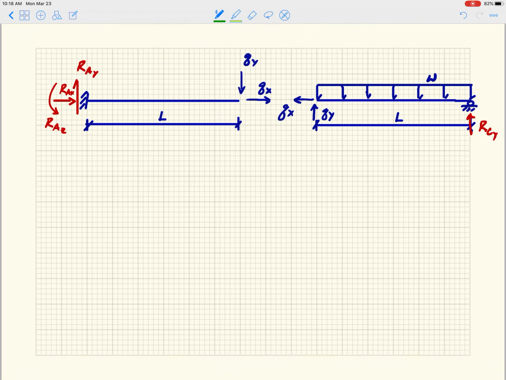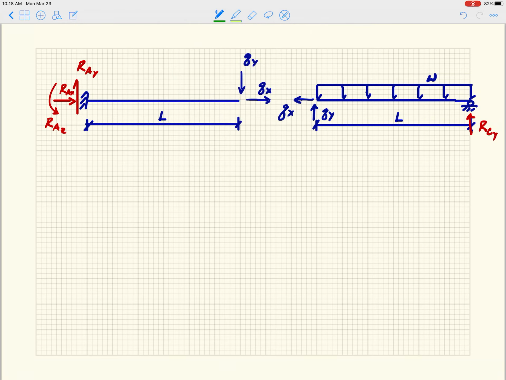And if we sort of finish this up here, we can sum the forces in the y direction, right? That has to equal 0. What you will see is that RAY equals WL over 2. That's upwards. And you can also sum the forces in the x direction, which has to equal 0.